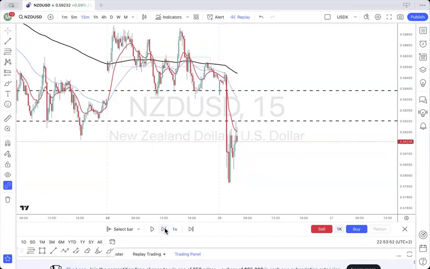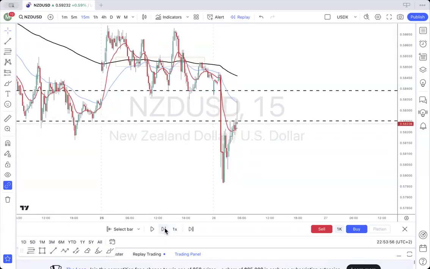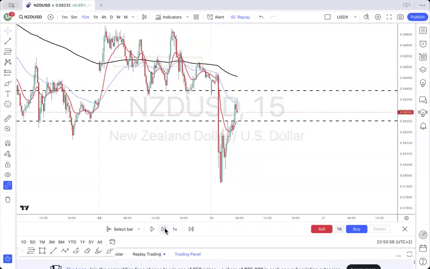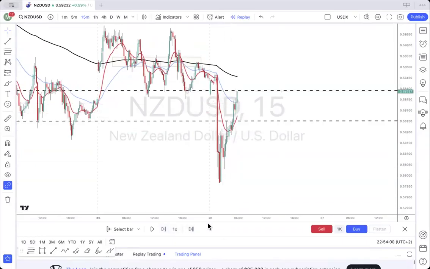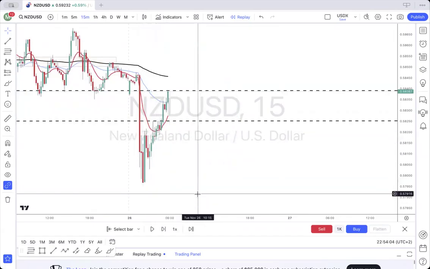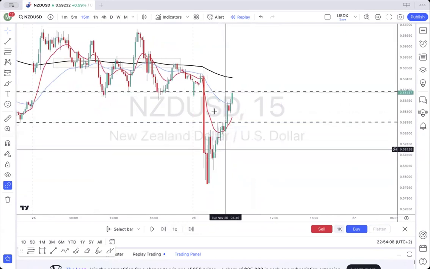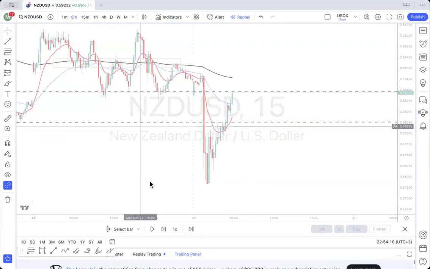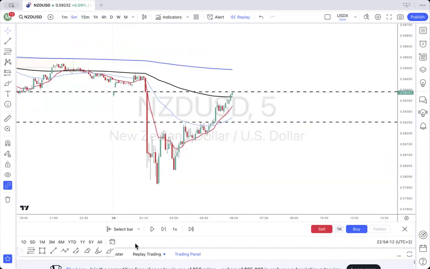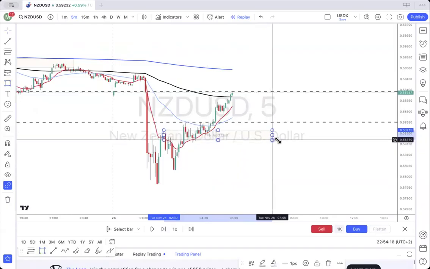Now, this to me looks like we've got a small W on the 15 minutes time frame, and I can call that W as well on the 5 minutes time frame. So it's there on the 15 minutes time frame, but clearly visible on the 5 with a neckline sitting right there.